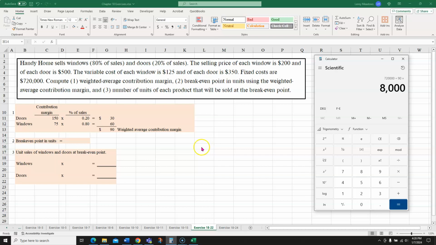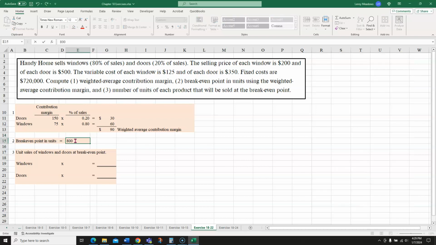And I'm going to need to sell 8,000 windows and doors combined in order to break even. Now, this 8,000 only applies as long as doors only represent 20% of my sales and windows represent 80% of my sales. If that sales mix changes, then we're going to have to recompute our break-even point in the number of units sold total and then the number of windows and doors we sell.